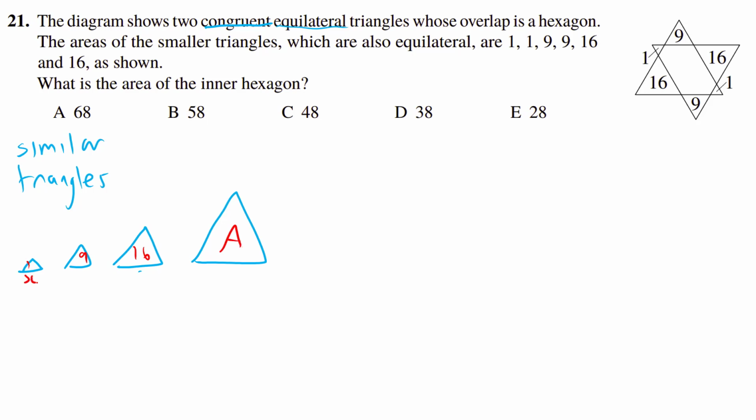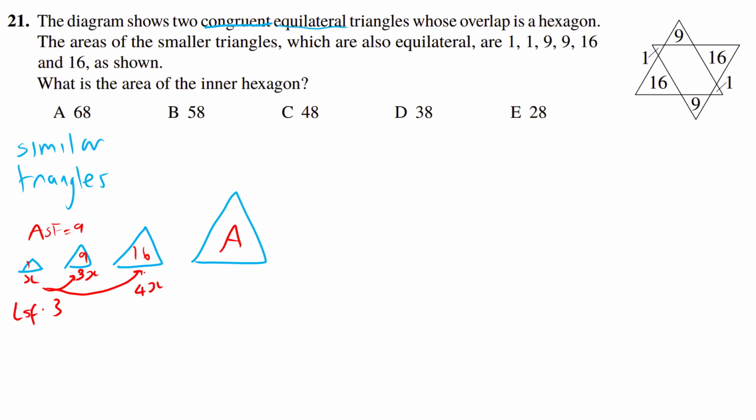If this length is x, because the area scale factor is 9, the linear scale factor, the length scale factor, is the square root of that. So it's 3. The linear scale factor is 3. From here to here, the scale factor is going to be 4.